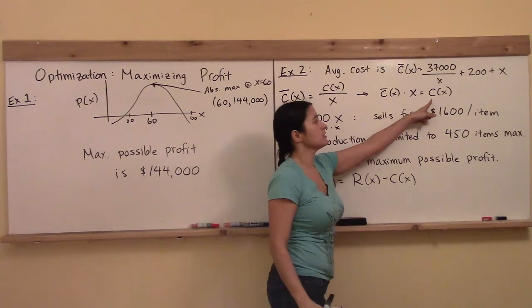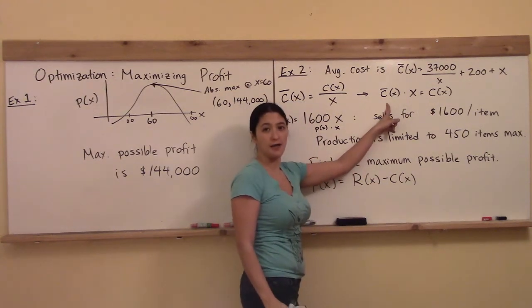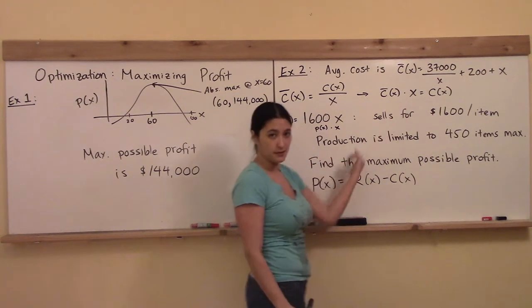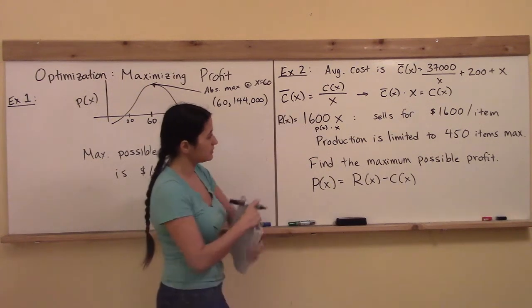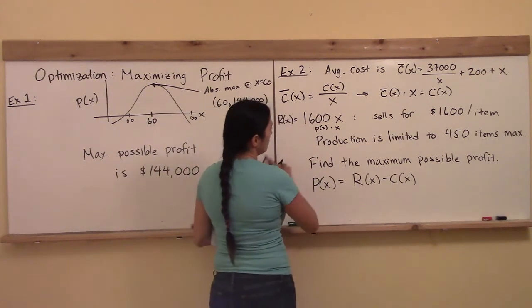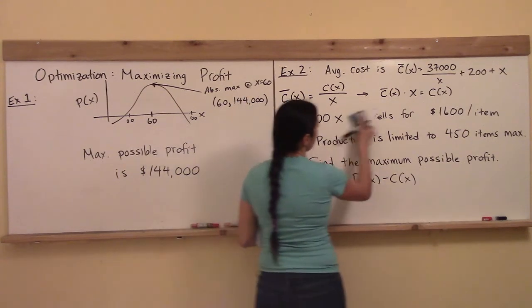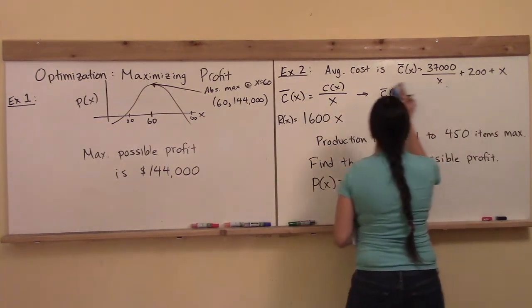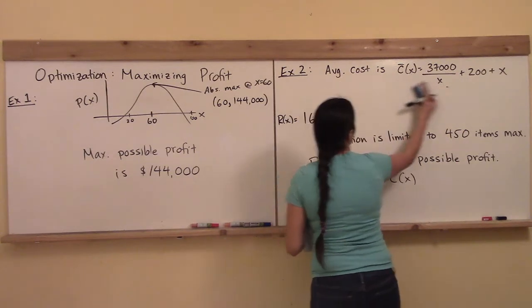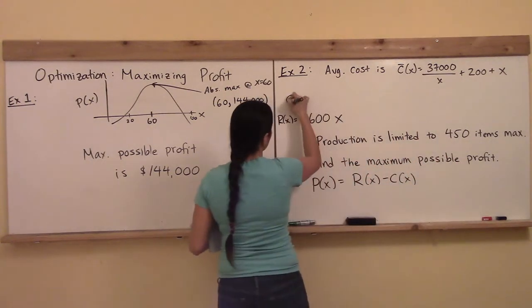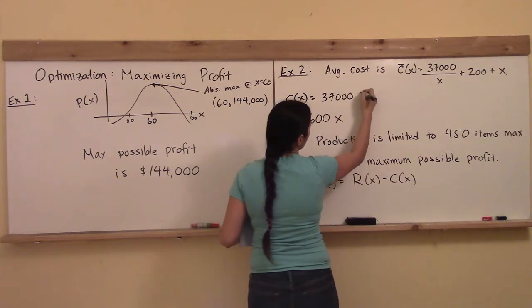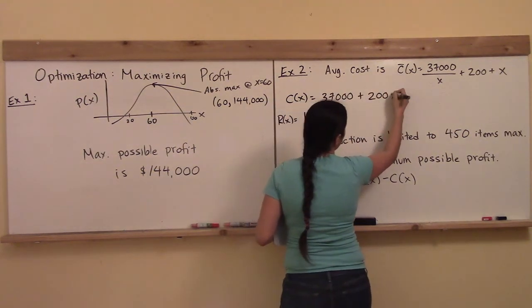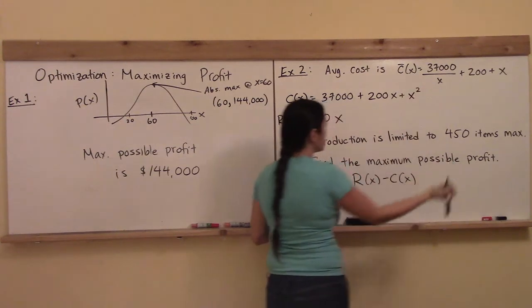Total cost is equal to the cost per item times the number of items. Okay, so there's an analogy there, and we can just take that C bar and multiply it by x. Okay, so we got that one right there, and then we can just say because of this, that if my average cost is that equation, then my total cost is each one of those terms individually multiplied by x.